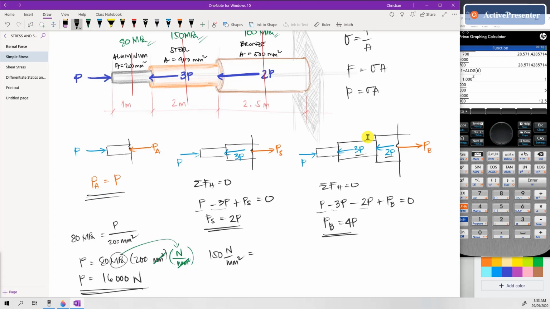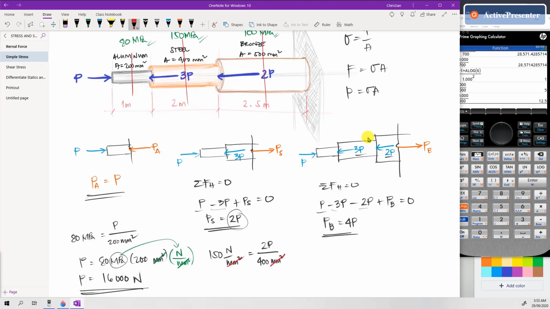So, yung force natin is 2P. Okay? Ito. Over ng cross-sectional area na 400 mm squared. Okay? So, we can cancel na yung millimeter squared sa magkabilang side, no?